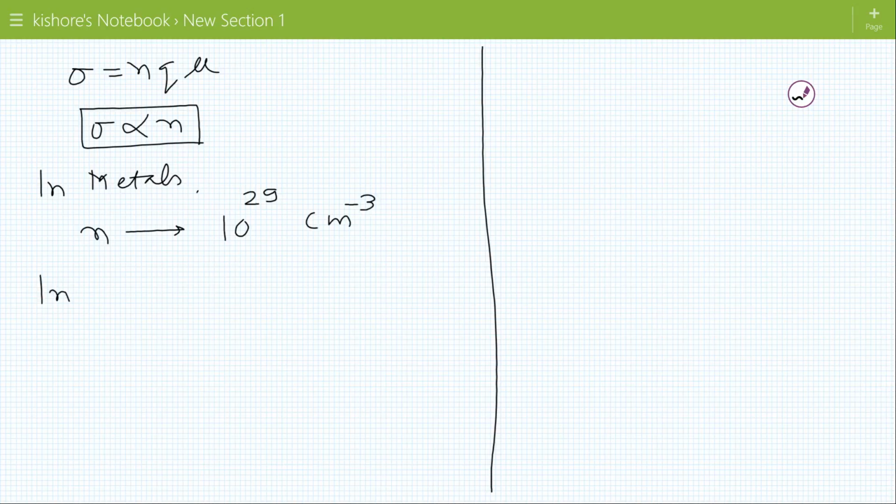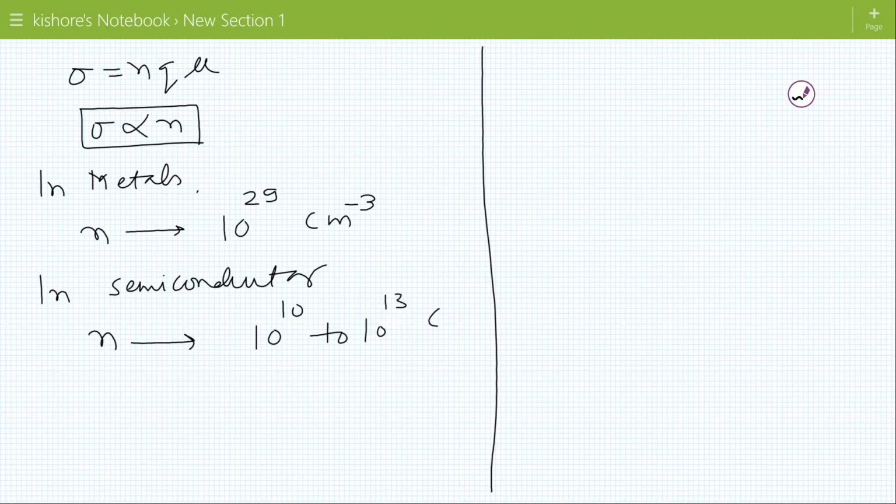In case of semiconductors, the concentration of electrons is of the order of 10 to the power 10 to 10 to the power 13 per cubic centimeter. And in case of insulators, the concentration of free electrons is very small, around 10 to the power 6 per cubic centimeter.